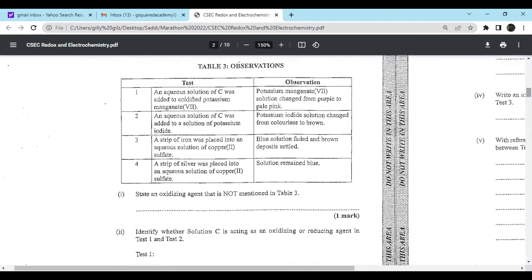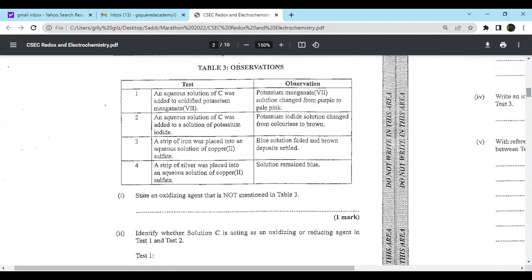Okay, so let's see what they're asking here now. State an oxidizing agent that is not mentioned in table 3. Now, the most powerful oxidizing agents that you will come across are potassium permanganate, potassium or sodium dichromate, whichever one, dichromate ion. Hydrogen peroxide is also an oxidizing agent, though it can be a reducing agent as well.